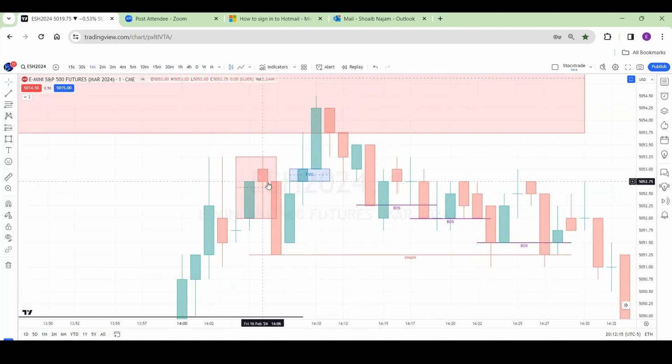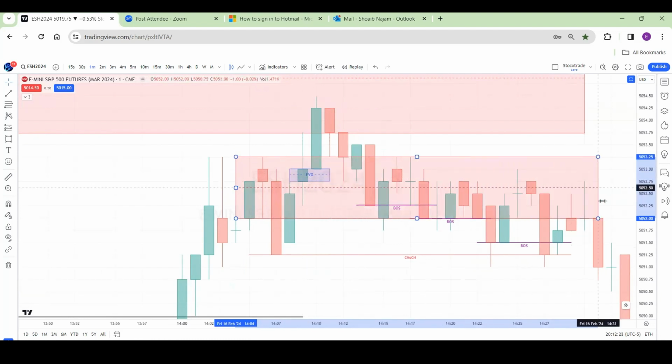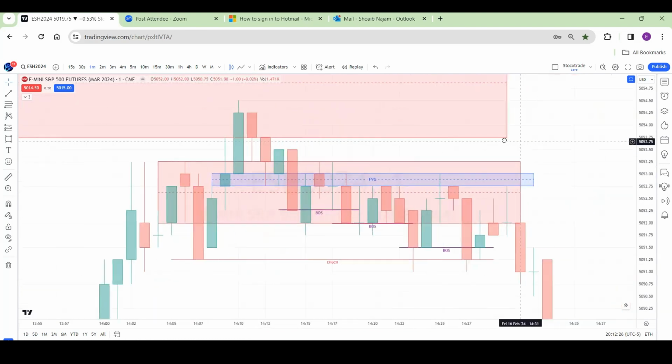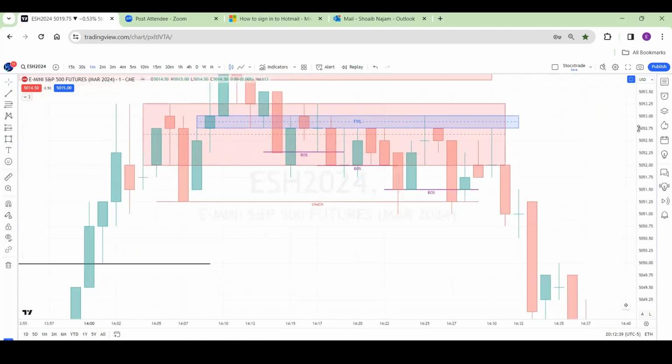If the supply zone is overlapping with the fair value gap, just extend both, and if the market is not breaking above it, then there is more probability that the market will come in the down direction, in the bearish direction.